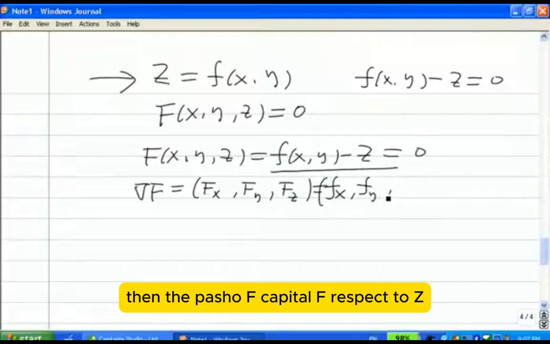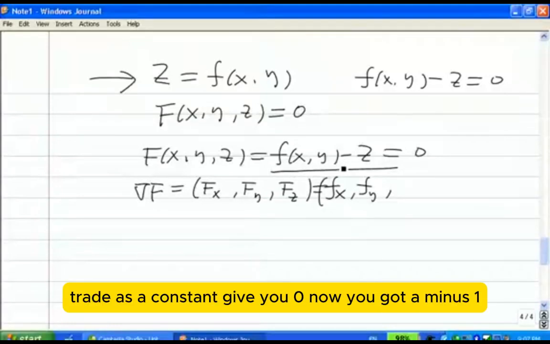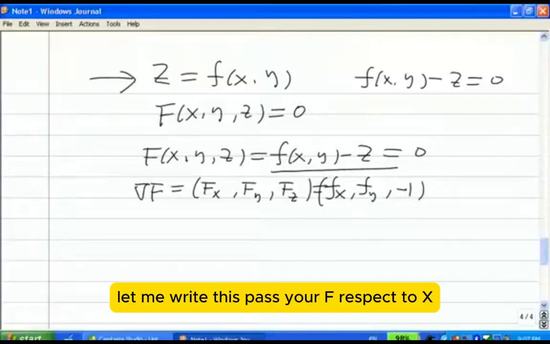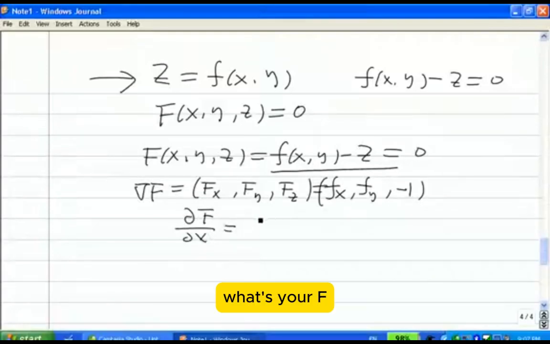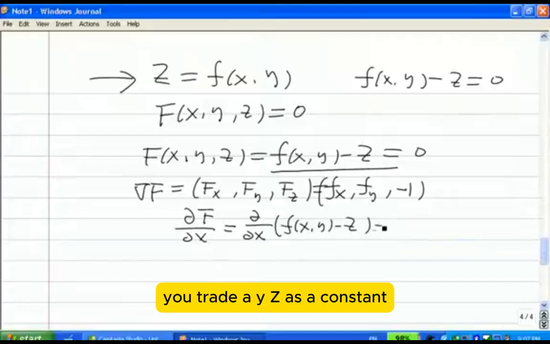And the partial of capital F with respect to z: the first one has no z, treat it as a constant, giving 0, then you get minus 1. Let me write this. Partial F with respect to x. What's your F? Your capital F is f(x,y) minus z, right? You treat y and z as constants, so it's simple to give you this.